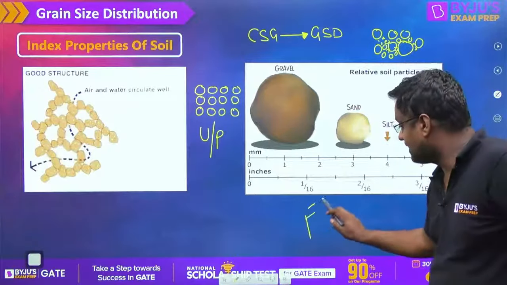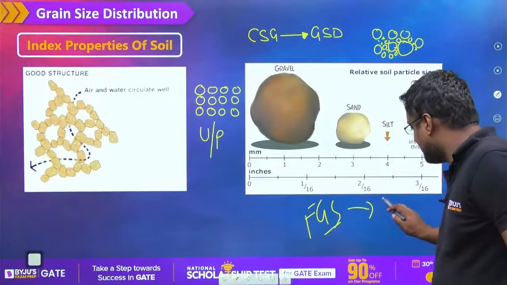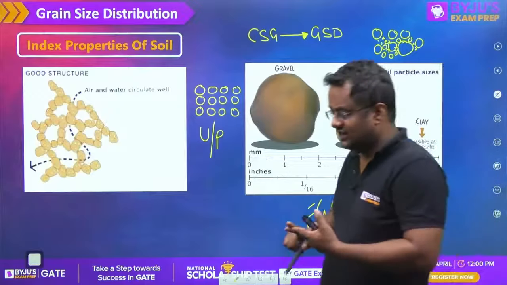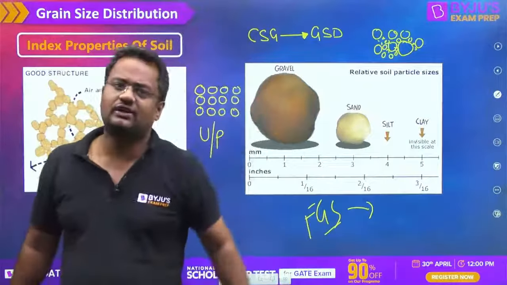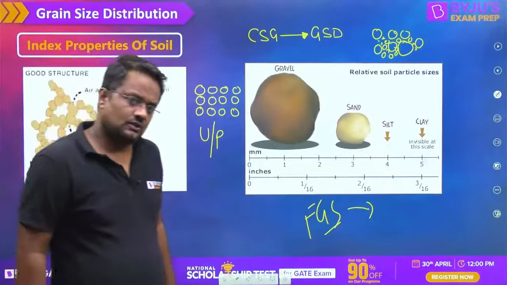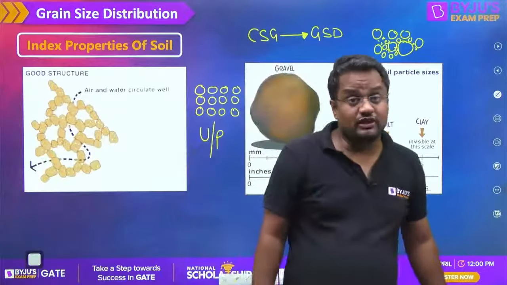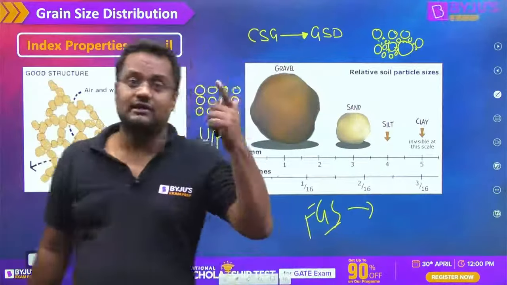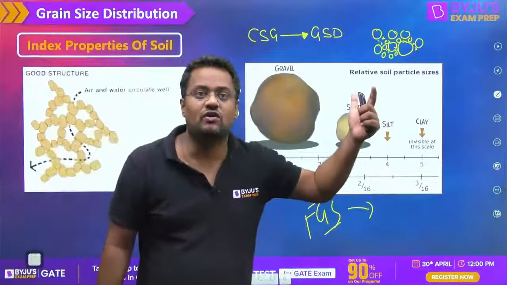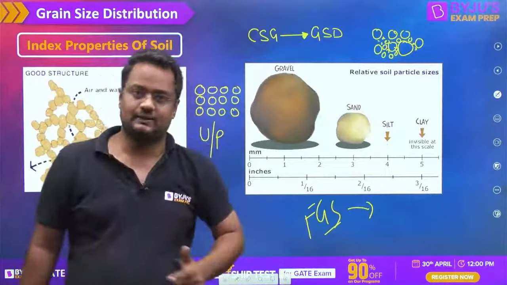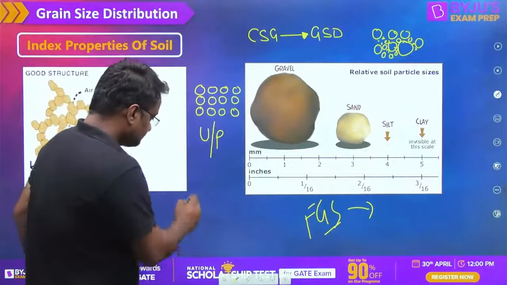For fine grain soil the index properties are water content, liquid limit, plastic limit and shrinkage limit. We will see what they are in another video. Because for fine grain soil, I told you, water is a very important property, and with a slight change in water content, properties change drastically.